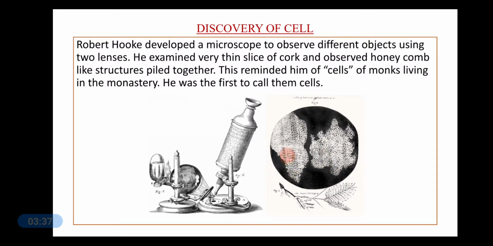Now this piled structure reminded him of the cells of monks. The monks live in monasteries, and the small rooms that the monks live in are known as cells. So he remembered the term cell, and he first called these honeycomb-like structures cells.